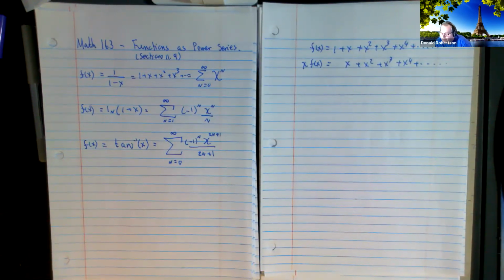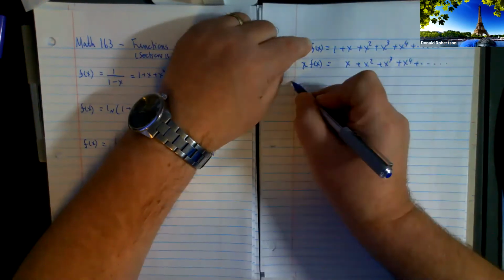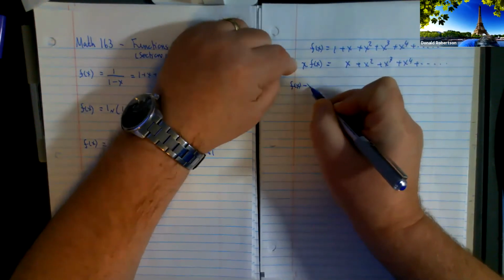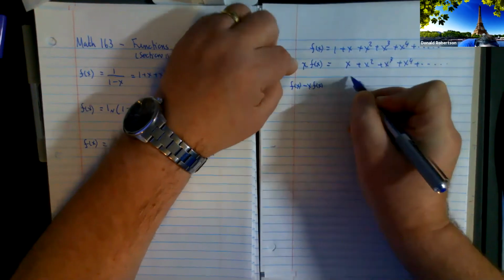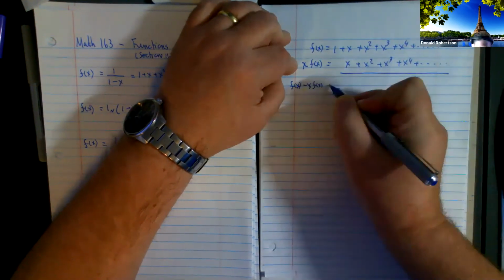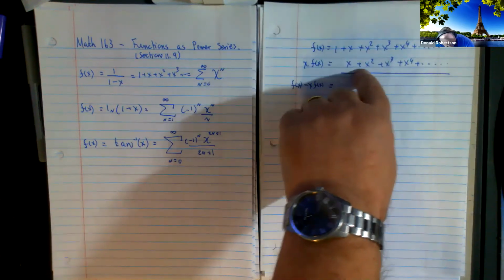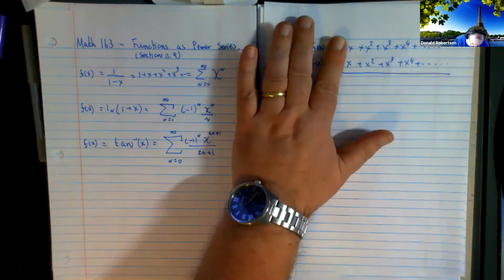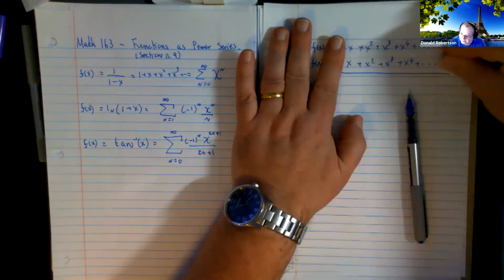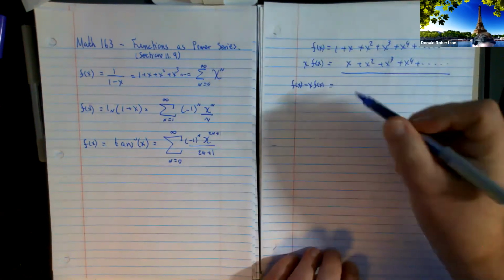That seem reasonable? Now, I'm going to take the top function and subtract the bottom function. Well, if you take this power series and you subtract this one, don't all these terms kill each other off? And isn't the only thing that's left 1?